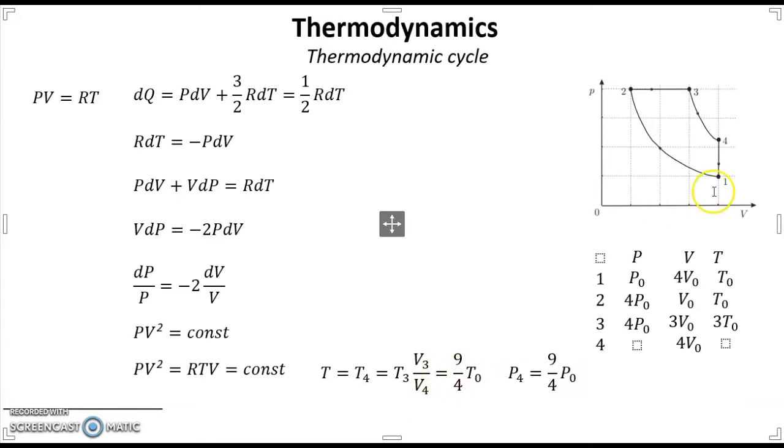And we have the same relation for pressure, because for this process pressure is proportional to temperature, and we have P4 equal 9 over 4 P0.